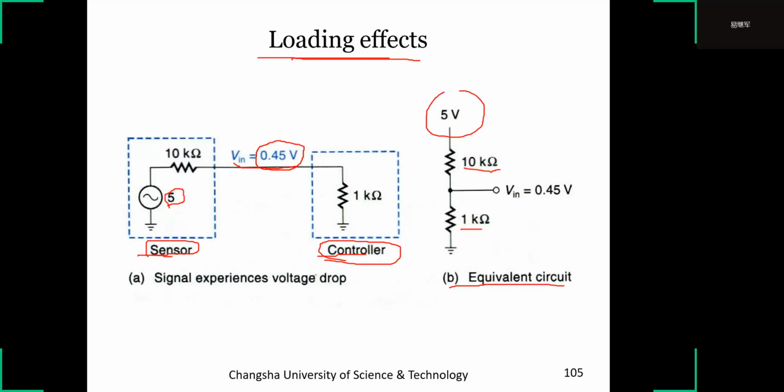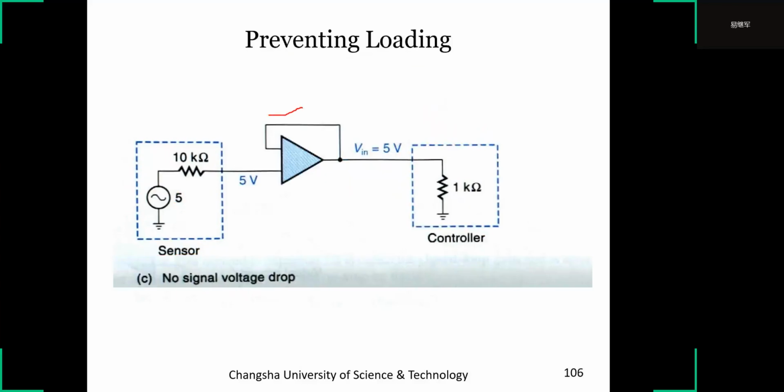So here the voltage is 0.45 V. If we want the voltage input to the controller to be 5, we need to put the voltage follower here. So here is 5, here is 5.